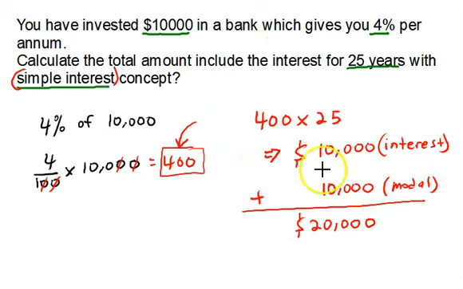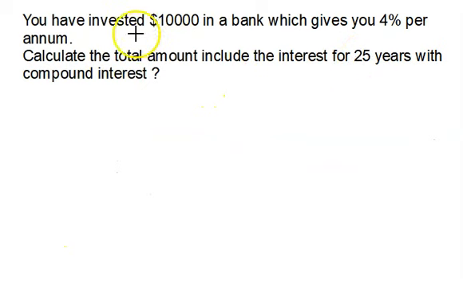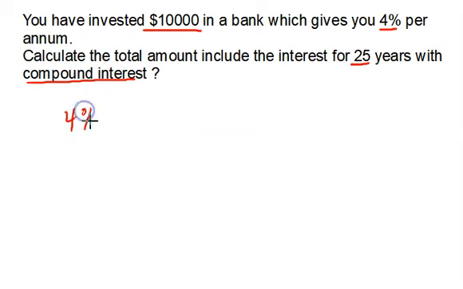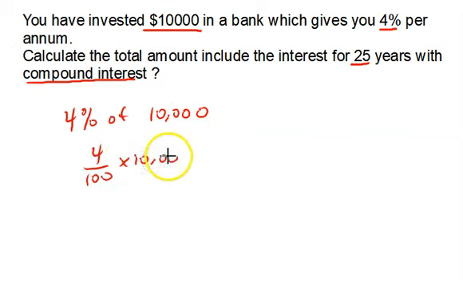I'm going to use the same concept for compound interest. Okay, this is the same value, 10,000, which gives you about 4% per annum, and 25 years with compound interest. So now let us recalculate the previous one. Here you have 4% of the 10,000, which means you'll be getting the same 400.